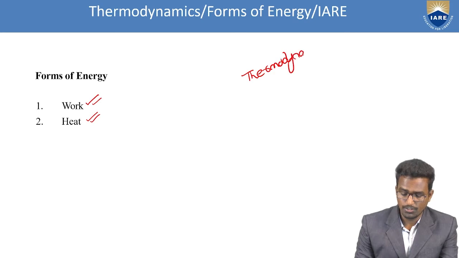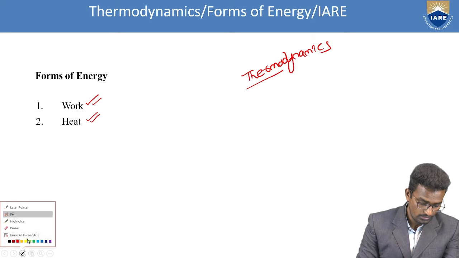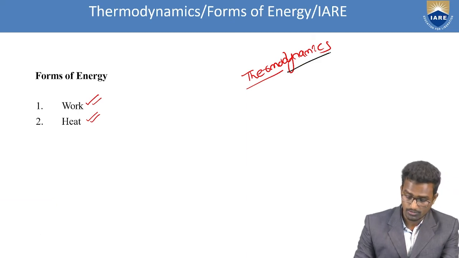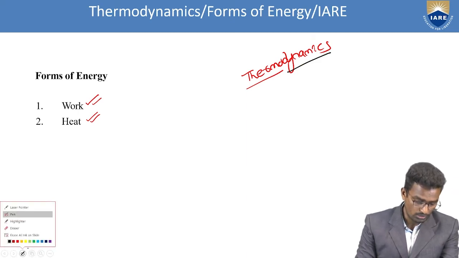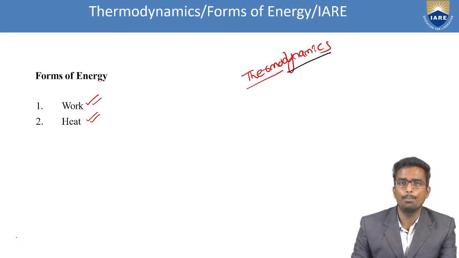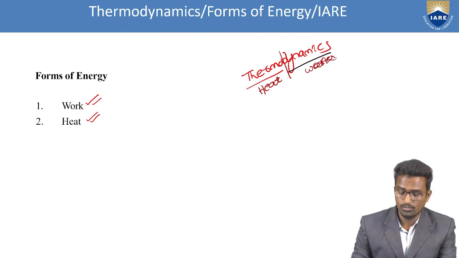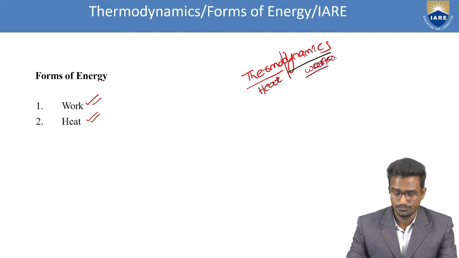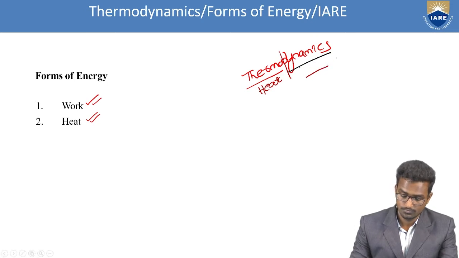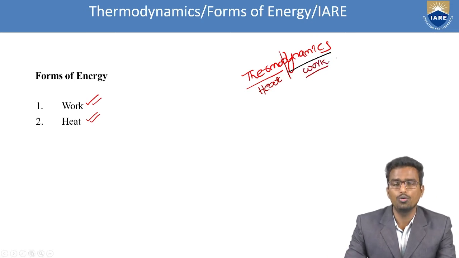In the first day, in the previous video itself, we discussed that the word thermodynamics is a mixture of two words, thermo and dynamics. Thermo means anything happening by using heat. Dynamics means using that heat to get mechanical work, that is, some amount of force acting through some amount of distance.